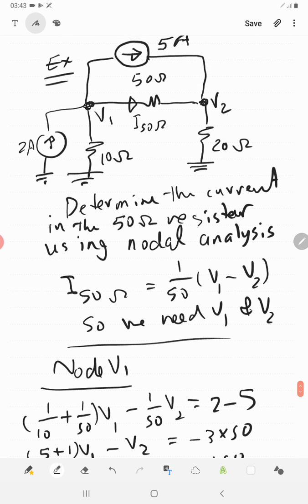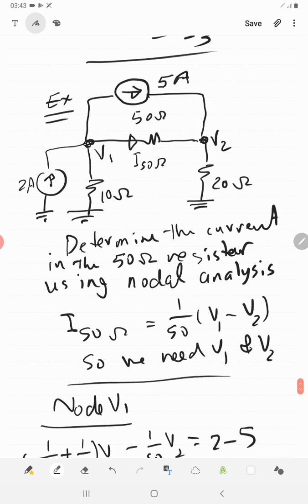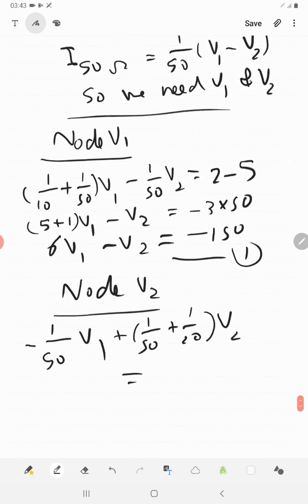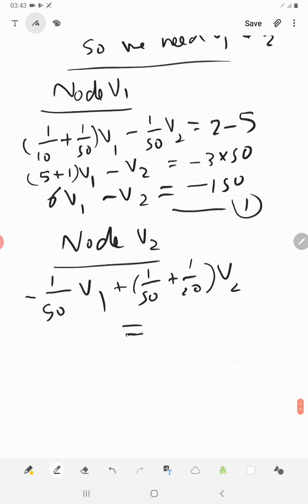to the injected currents. Now, how many currents? We have 5 amps, and it's injected into node V2. So we say plus 5. Okay? Now we can multiply by 50 if you like.